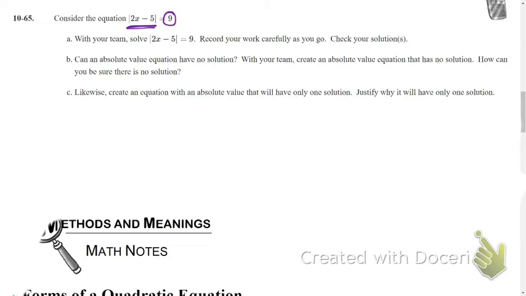So if you recall, when we're setting this up, I'll write it down at the bottom. I have 2x minus 5 equals 9, and then I have to do 2x minus 5 equals the opposite of 9, which is a negative 9, because I want 2 different answers that are 9 spaces away from 0. That's what absolute value means, right? Distance from 0.